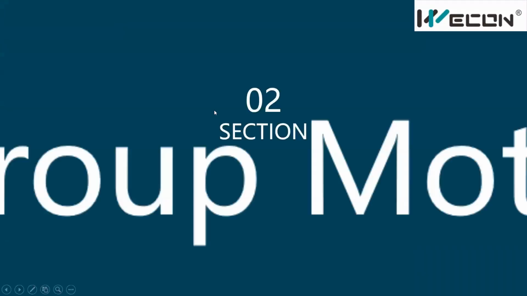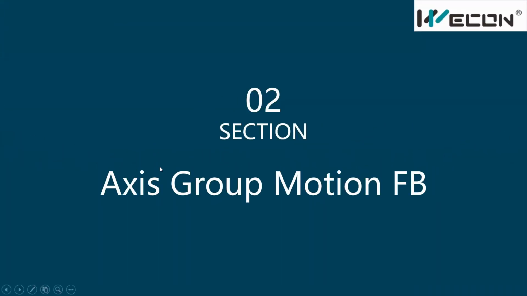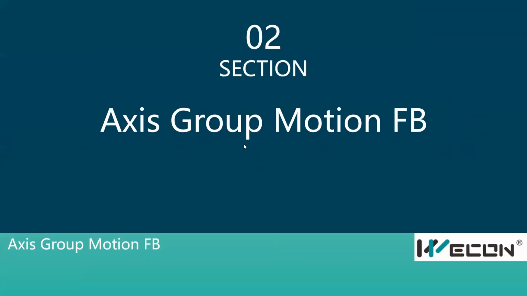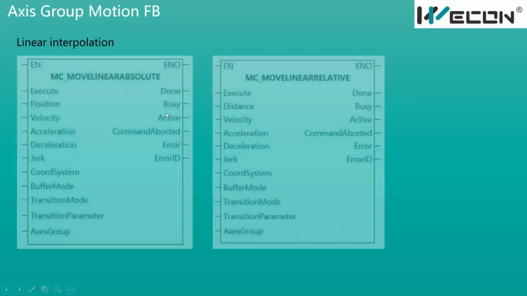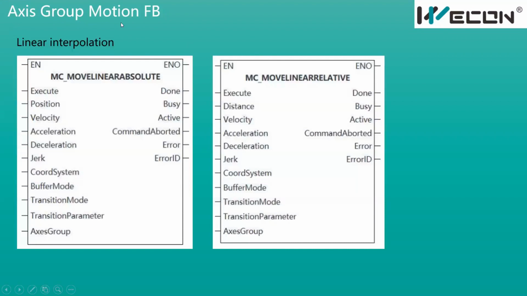Okay. So next, I will introduce axis group motion function block. This function block is used to do the motion control. First, these two, linear interpolation. For linear interpolation, we have absolute mode and relative mode. And here we'll look at these input parameters.